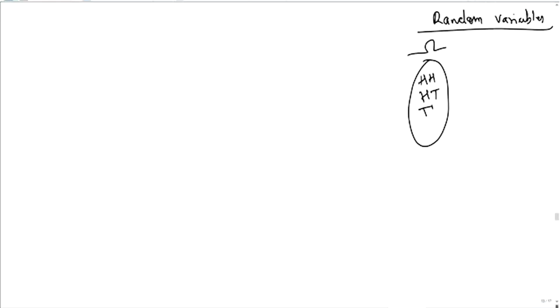And what we saw was that, in a particular situation where your outcomes are categorical, for example, when you are tossing a coin 2 times or 3 times, then your sample space contains these categorical outcomes: head head, head tail, tail head, and tail tail, right?